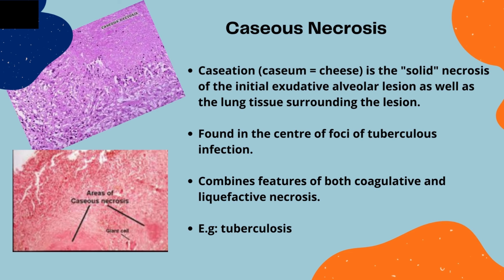And it is stated to be a type of tissue death where the cellular outline is lost, and the appearance of the caseous necrosis is crumbly and cheese-like. So this can be clearly seen in tuberculosis infection.